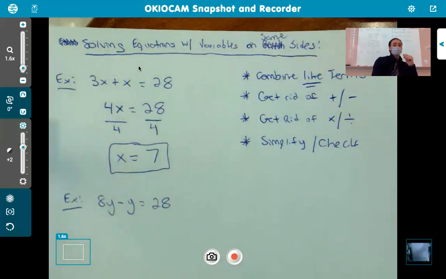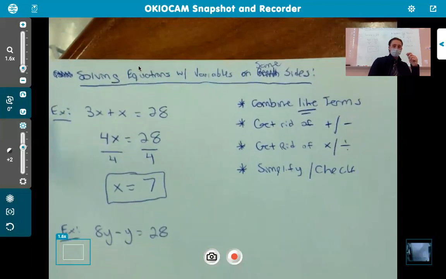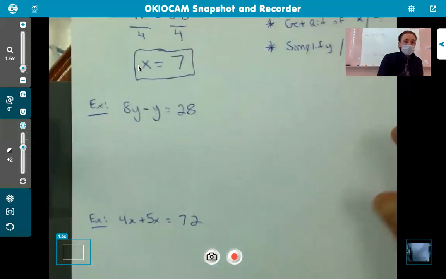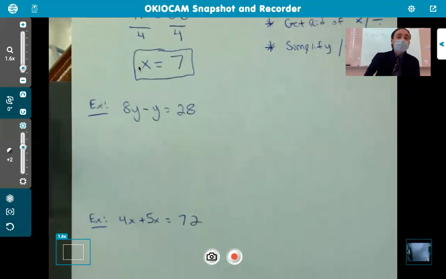Any questions about that first example or the steps that we created? Okay. Take a look at the next example. I have 8y minus y equals 28. If my first step is to combine like terms, how would I do that on the left-hand side?